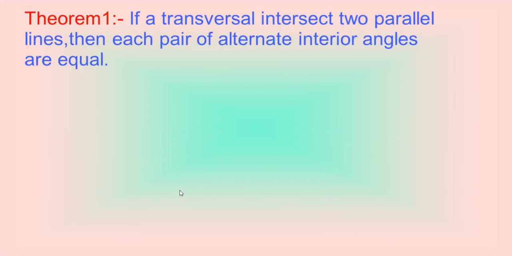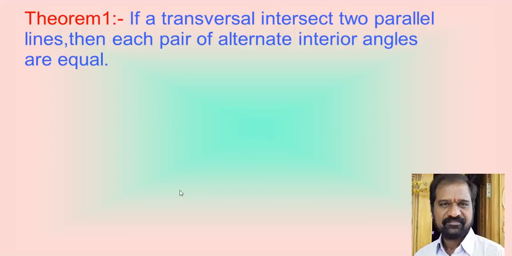Theorem 1. We can prove this theorem based on the axiom we just learned. If a transversal intersects two parallel lines, then each pair of alternate interior angles are equal.